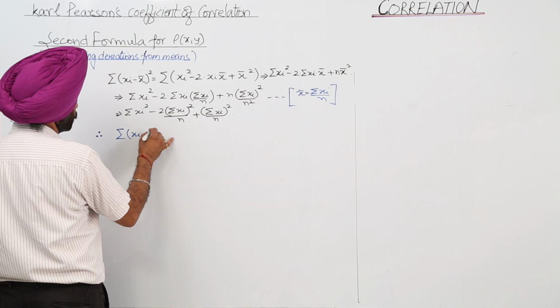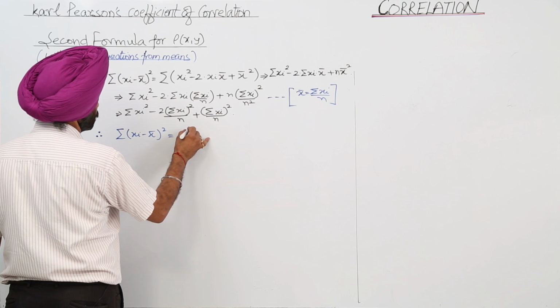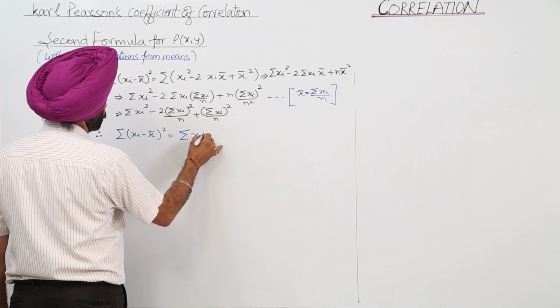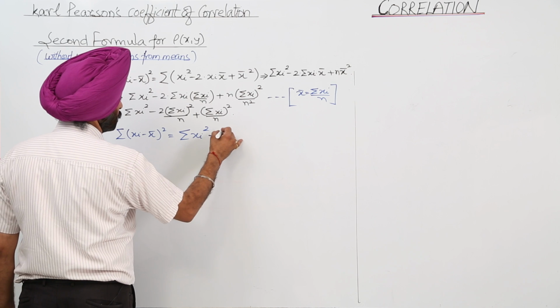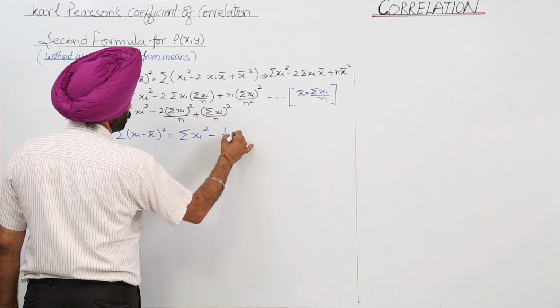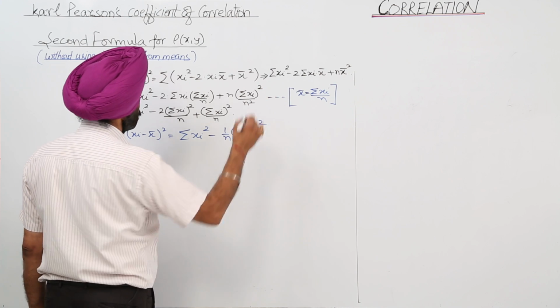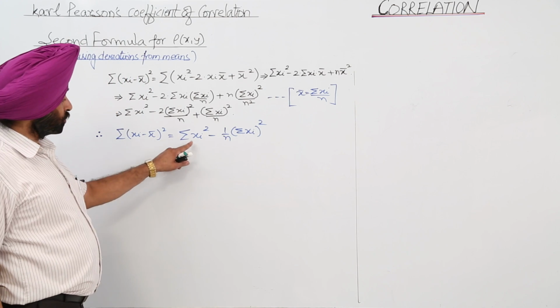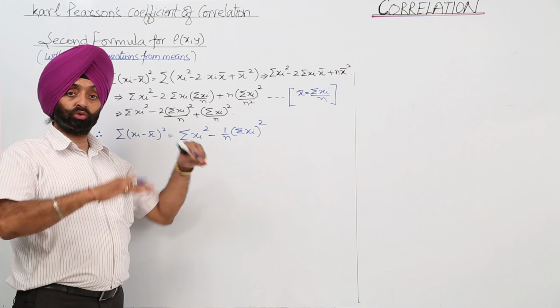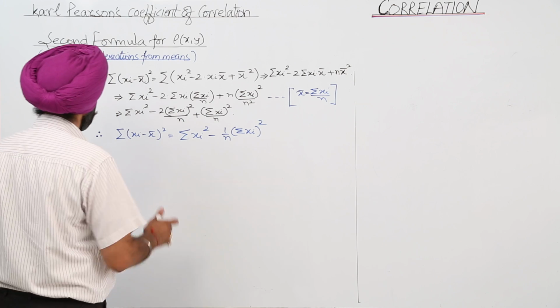So summation of (xi minus x mean) whole square, we can write as summation xi whole square minus 1 upon n times (summation xi) whole square. Here, summation of xi whole square, and here it is the square of the summations.